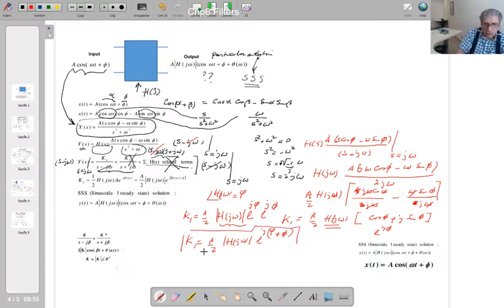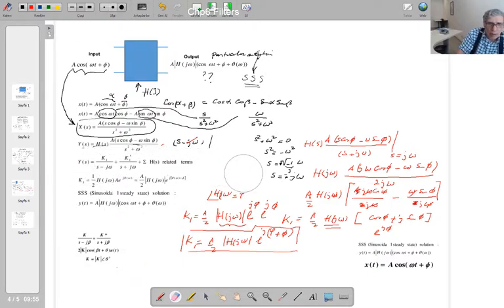So how am I going to transfer that information to the time domain? So we said we are dealing with, let me clear this area once more. We said we are dealing with only this part, the particular solution, not this part.